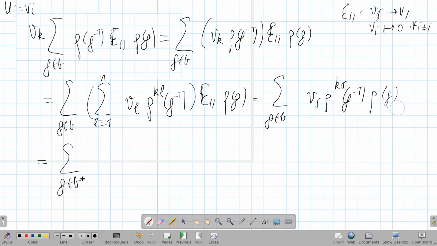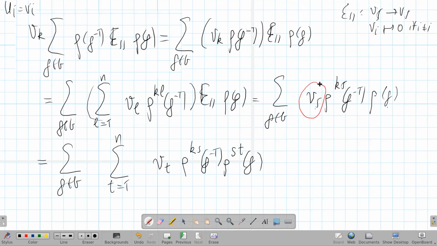You have the sum over g in G of the sum, let's say t from 1 to N, of Vt with coefficient rho KS G inverse times rho St G. When I apply rho G to VS, I obtain the sum of Vt with these coefficients, because I have to take the S row of the matrix rho G and then sum over t.